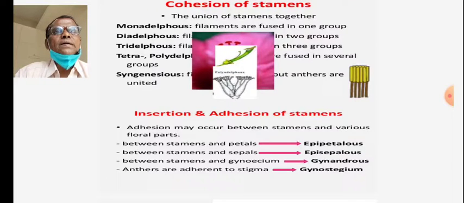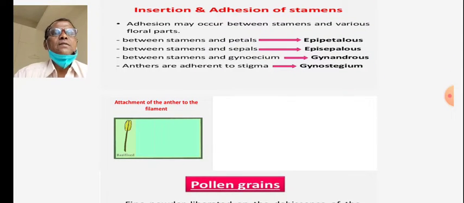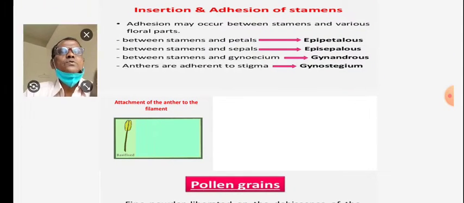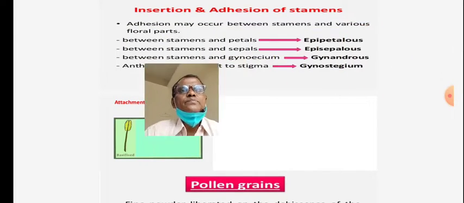Tetra means four, and in syngenesious you see anthers are fused and filaments are free. So in relation to insertion of the adhesion of stamens, here you are observing the part, particularly as you see.